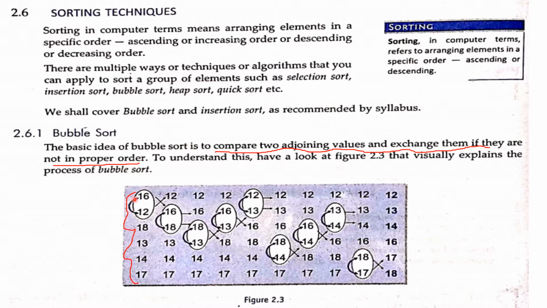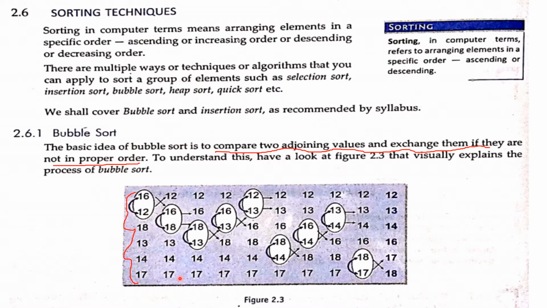Here the first element 16 is greater than 12, so we need to swap. After we swap, 12 will come at the 0 index and 16 will come at the first index, and then 18, 13, 14 and 17.